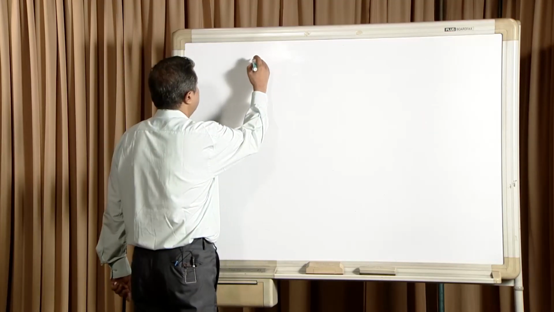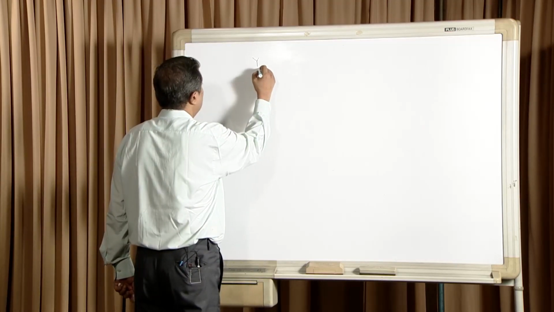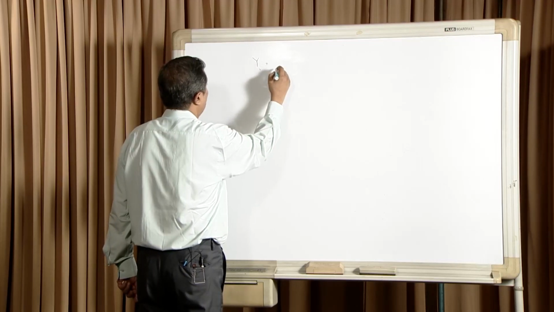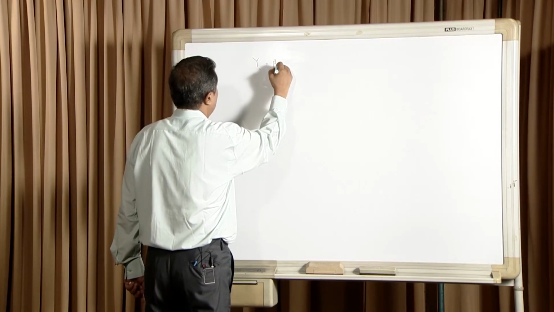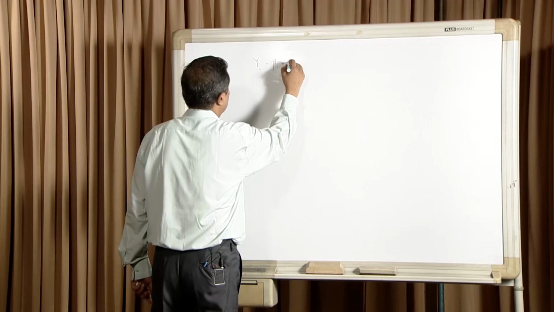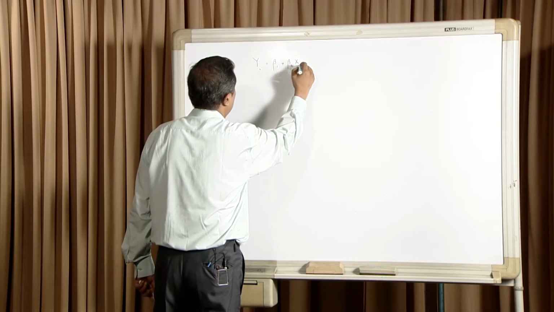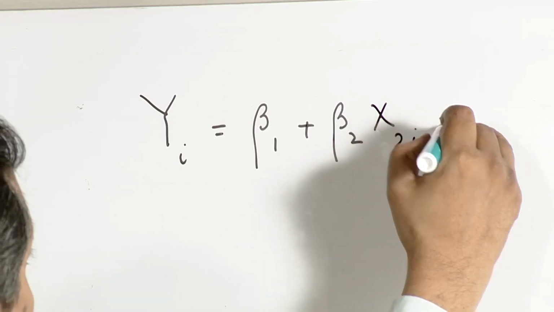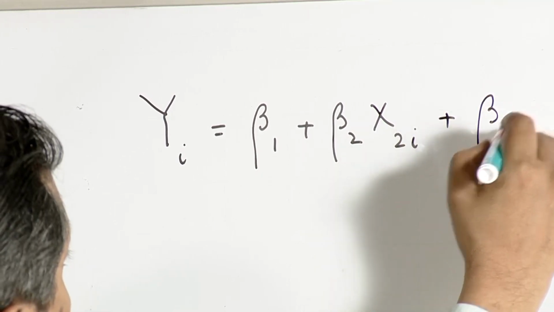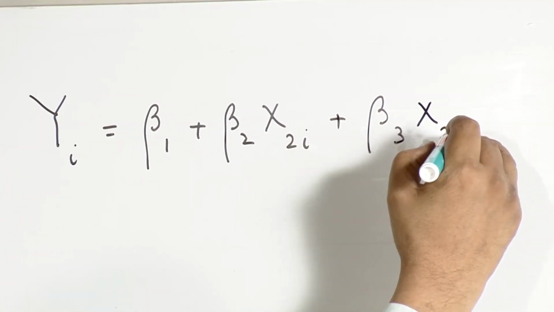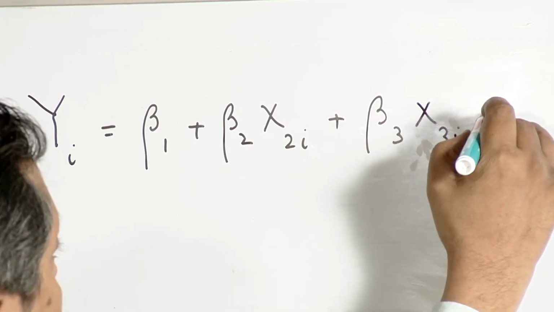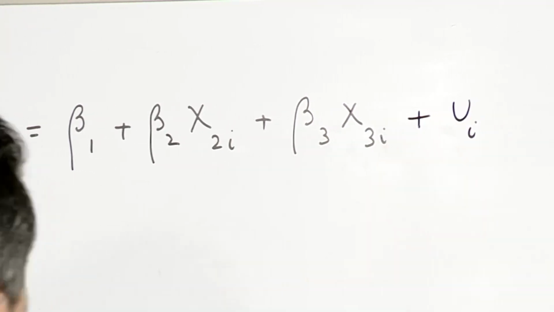We know that the 3 variable model is written as yi equal to beta 1 plus beta 2 x 2 i plus beta 3 x 3 i plus u i.